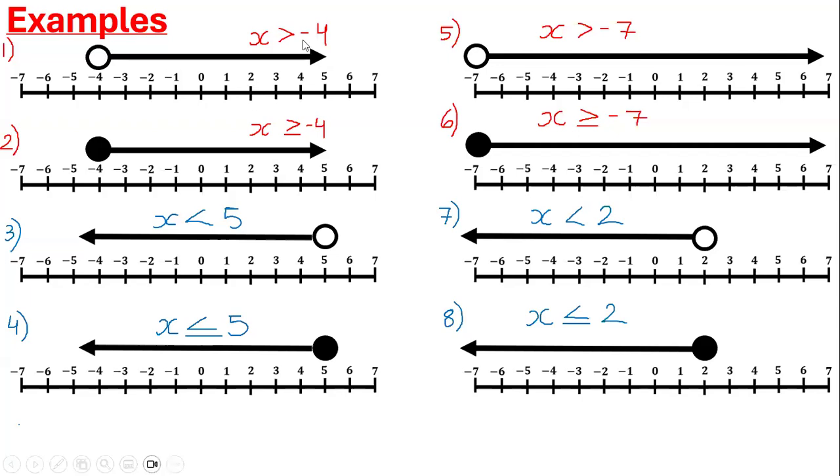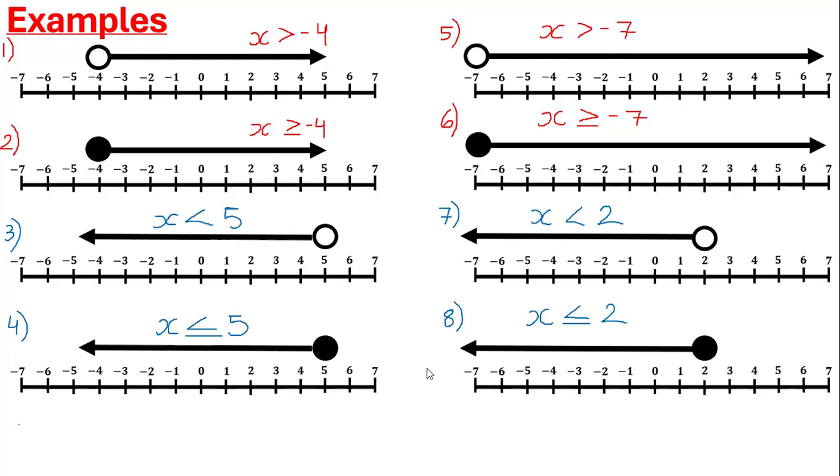No, sir. So it goes to the right. What are the numbers that are bigger than -4? Give me some numbers that are bigger than -4. Is 5 greater than -4? Yes, sir. Good.